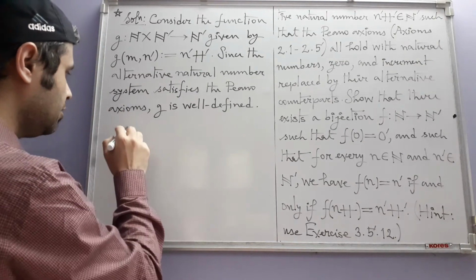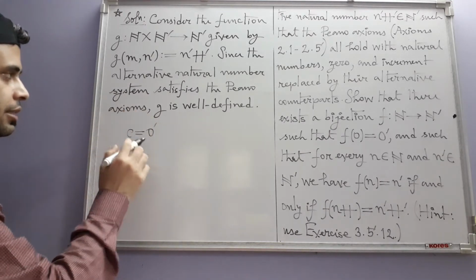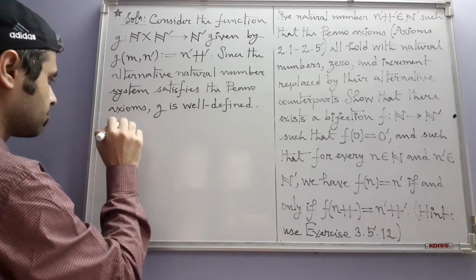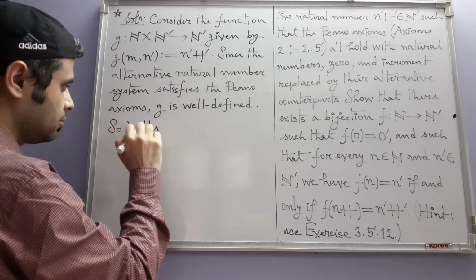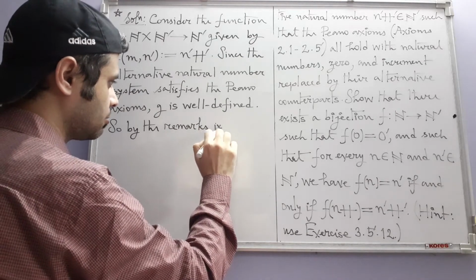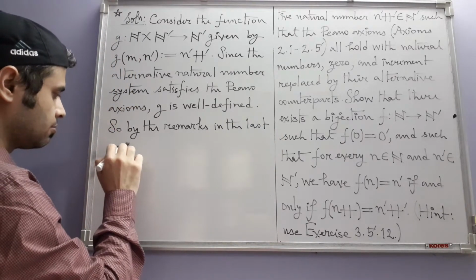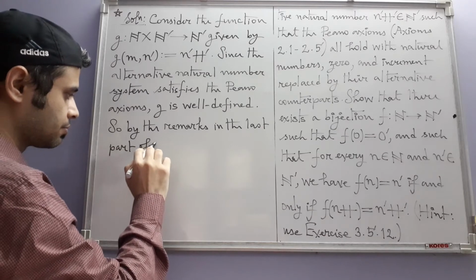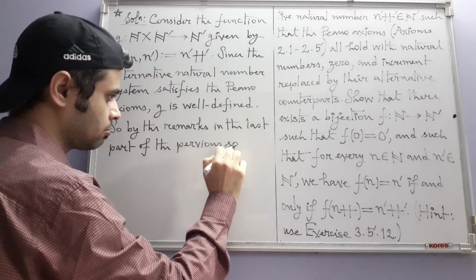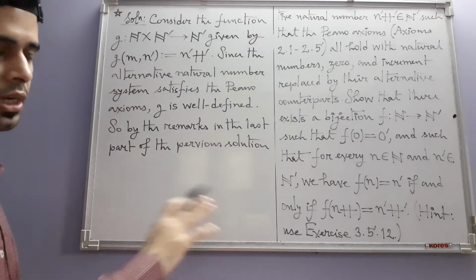In place of c we are going to take 0 prime, sorry, because c now has to belong to this set, by the remarks in the last part of the previous solution, where by previous solution we mean the solution to the previous exercise.